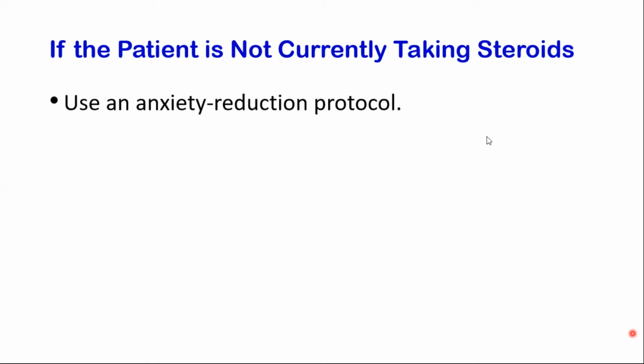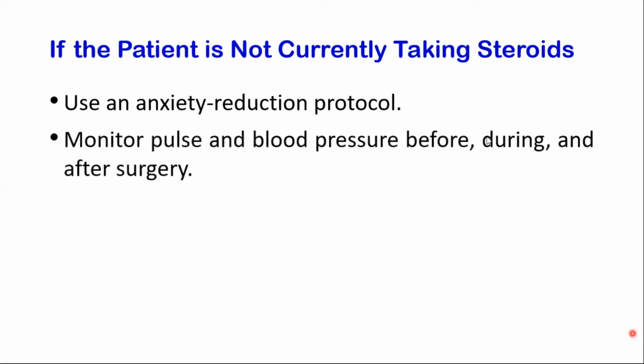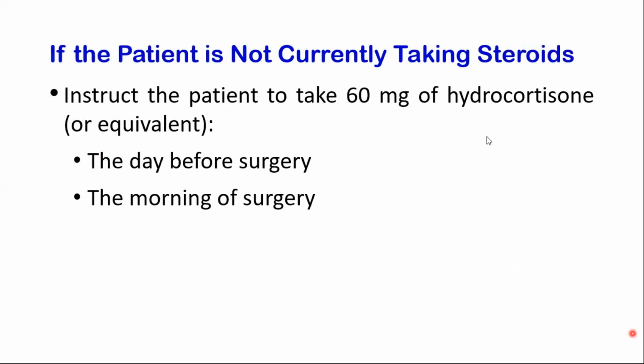For patients not currently on corticosteroids, but who have taken them in the past year, it is important to manage anxiety and monitor vital signs. These patients should take 60 milligrams of hydrocortisone the day before and the morning of the surgery to prevent adrenal insufficiency.